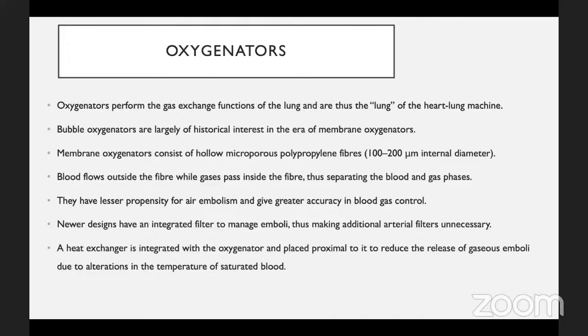And that's why we always talk of keeping the gas flow to blood flow at a ratio of 1:1. That means if you're giving a pump blood flow rate of 3 liters per minute, you're going to keep a gas flow rate of 3 liters per minute. Because if you exceed 3 liters, there's a chance that you can push air through these micropores into the blood and cause air embolism.